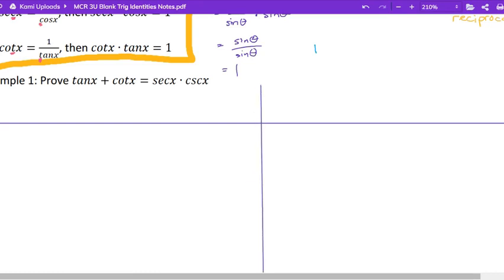And both of them kind of look tricky, so I'm going to break the rule of just work on one side, because both of them are complex and both of them are not expressed in cosine and sine. So the goal is to get both sides into just sine and cosine ratios.